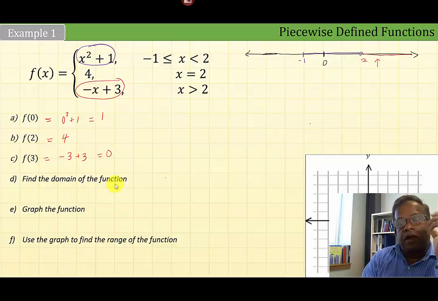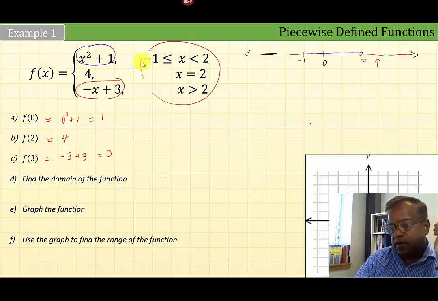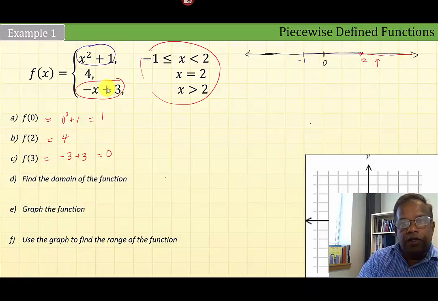Domain means all x values of the function where there is a y value. So the domain is all these x values. So already I graphed over here, you can see it goes from -1 to, so at 2 exactly this one, so it goes from -1 to infinity. For any x value from -1 to infinity, you can find a y value using this function.